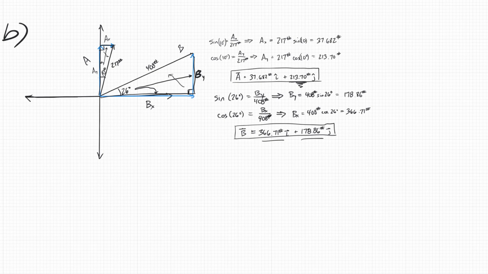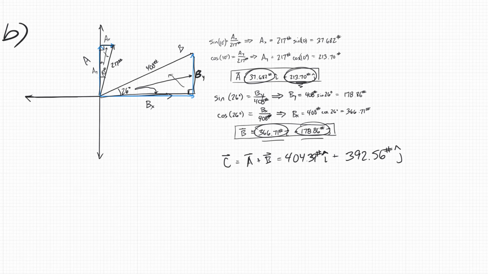Okay, so to add these two, I can say, let's say C equals A plus B. What I'm going to do is add the I components, so I'm going to add this and this. And then the J components, for which I'm going to add this and this.